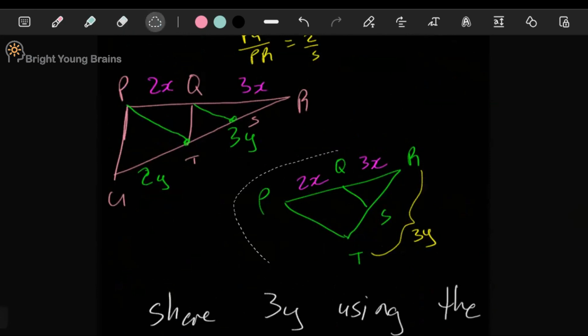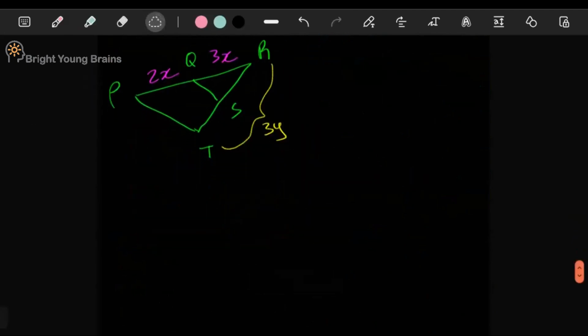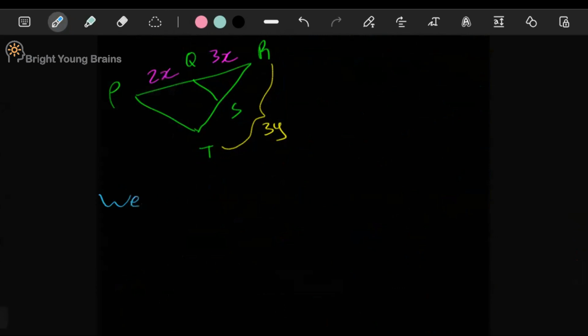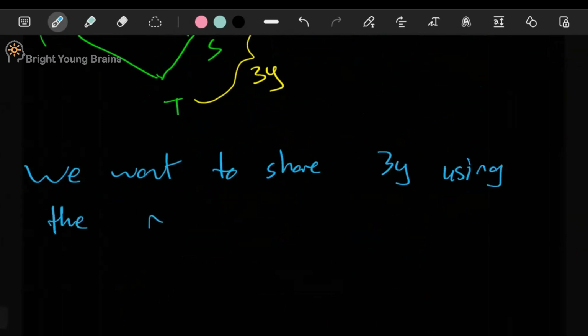Let me show you. We're going to do exactly that, because look, with our image here, we said we should not complicate this Euclidean geometry stuff. What we have here is that we literally want to share 3y using the ratio 2x to 3x, of which the ratio 2x to 3x is just 2 to 3.